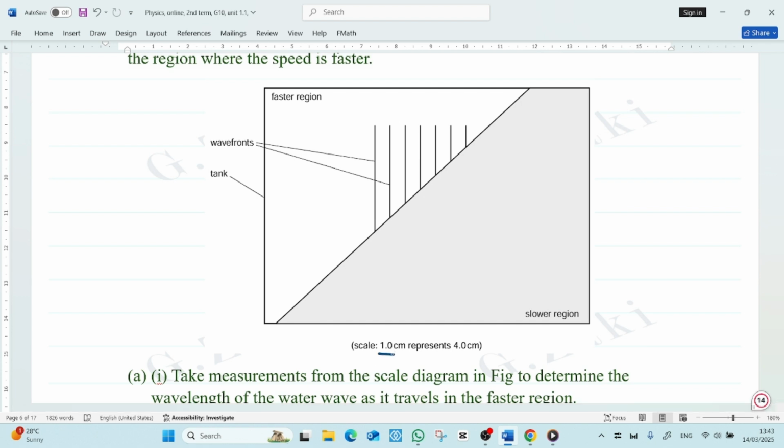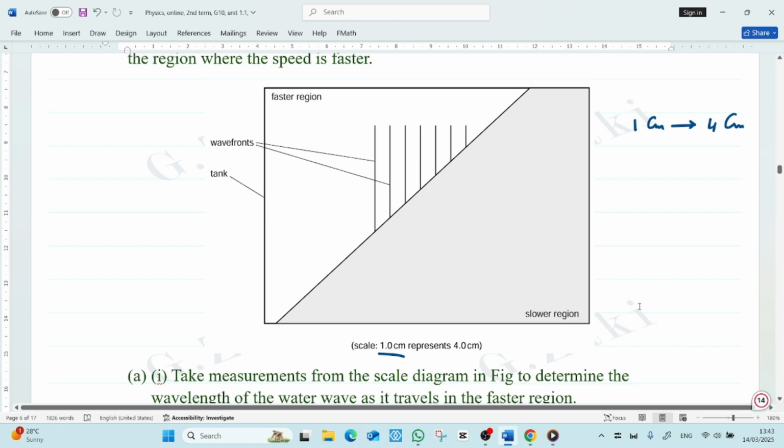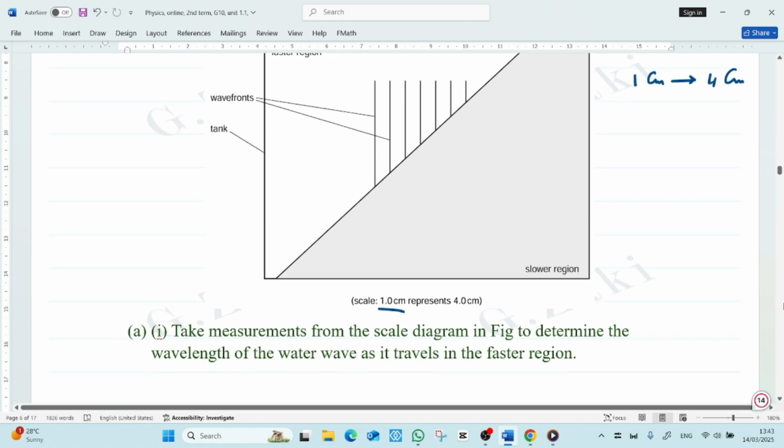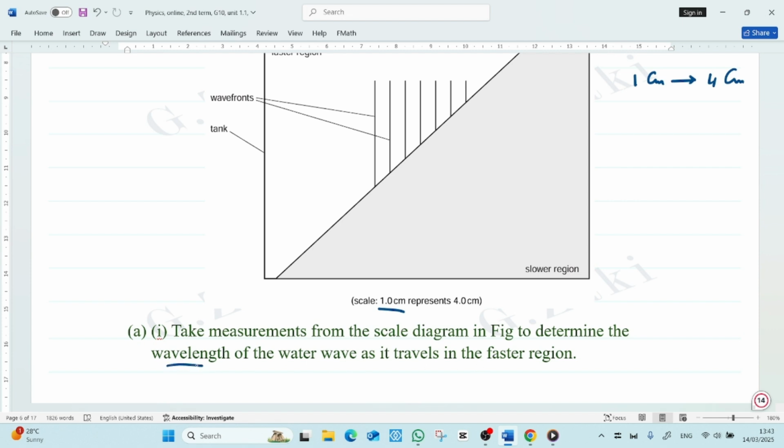It says the scale, each 1 centimeter represents 4 centimeters. So 1 centimeter in the scale drawing represents 4 centimeters. Take the measurements from the scale diagram in the figure to determine the wavelength of the water wave as it travels in the faster region.